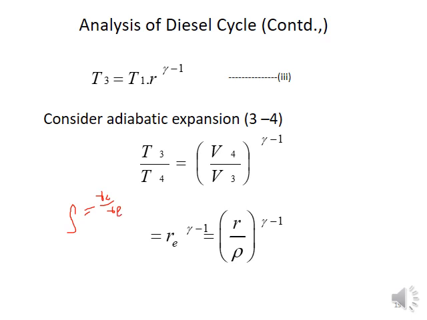Here the r and rc are both the same, the compression ratio only. So I am writing re power gamma minus 1 as (rc divided by rho) whole power gamma minus 1. So from the third equation we can calculate T3, and if you know the expansion ratio we can calculate T4 also. Next, coming to the fourth process.